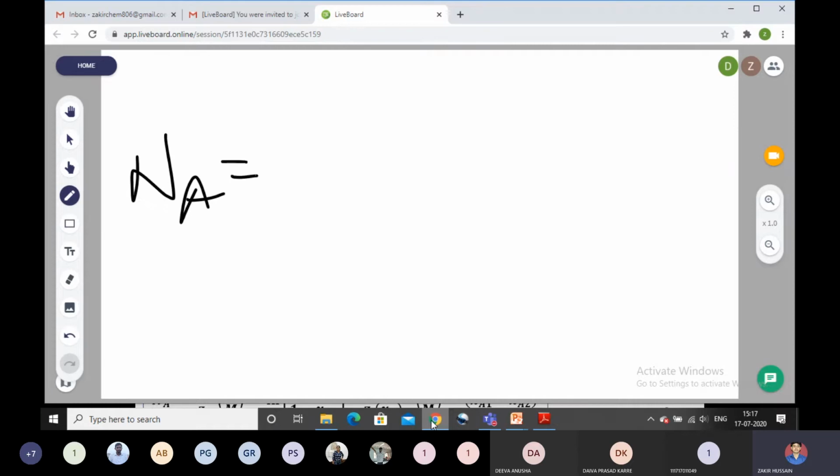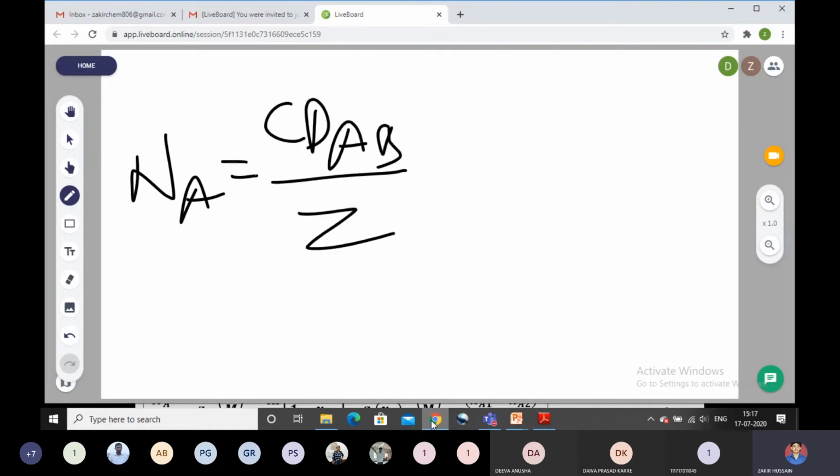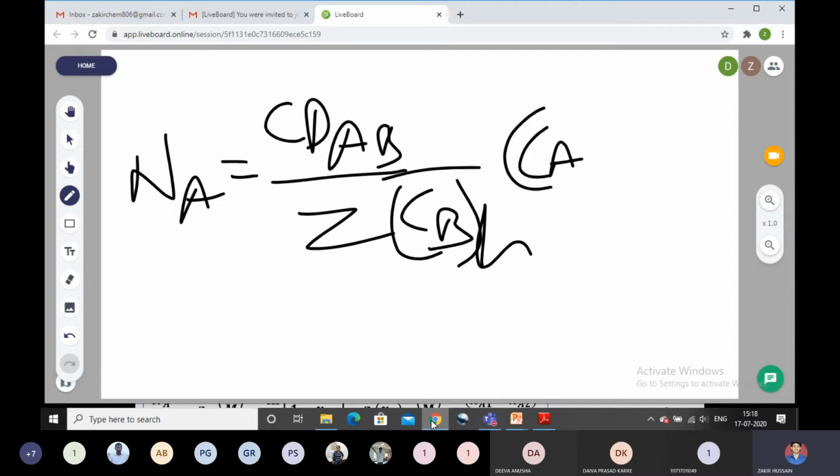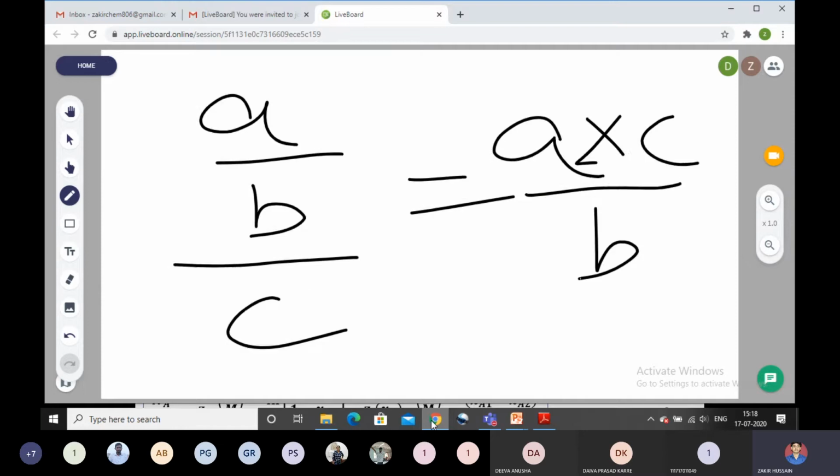NA is equal to C DAB by Z into CBln, in place of that whole quantity we are writing the logarithmic mean concentration difference, and the left-out term is CA1 minus CA2. If you remember, this is equation number 25.